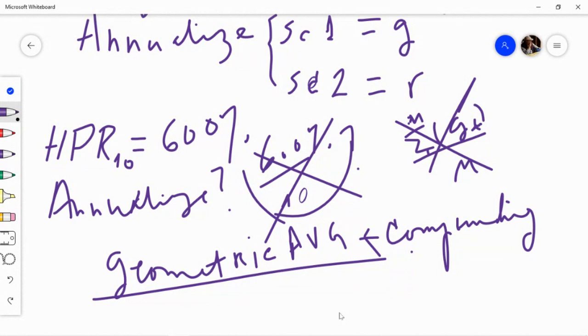In other words, all the effects of growth compound over time. So that's why we have to use geometric average, and that was the whole point in the first example in topic 1. So we know basically what compounding is.